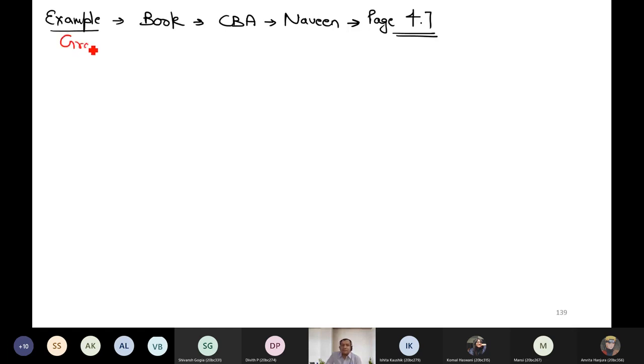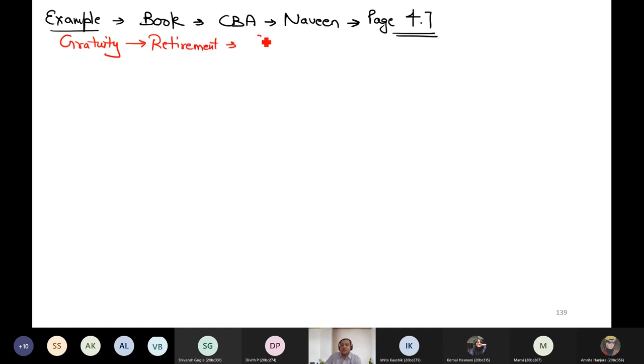What is this gratuity? The moment gratuity comes, your mind must start thinking, is the employee government or covered under Payment of Gratuity Act or not covered? Is it received at the time of retirement or during continuity? So I found that it is received at the time of retirement.